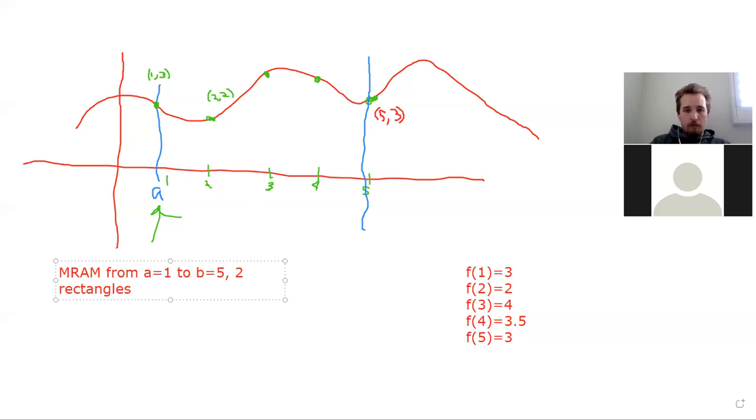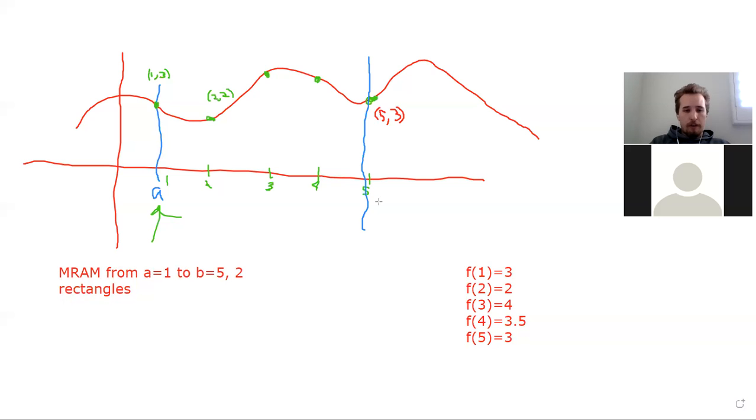So now what we're going to do is MRAM. If LRAM is the left point and RRAM is the right point, what is MRAM? What do you think MRAM means? Middle point, perfect.